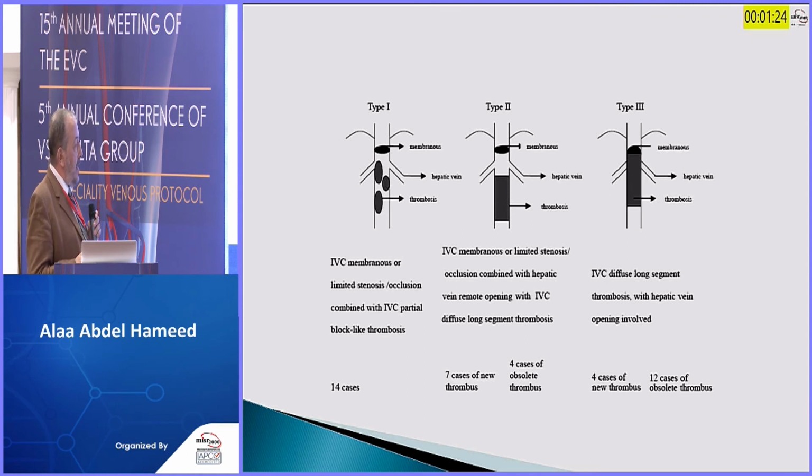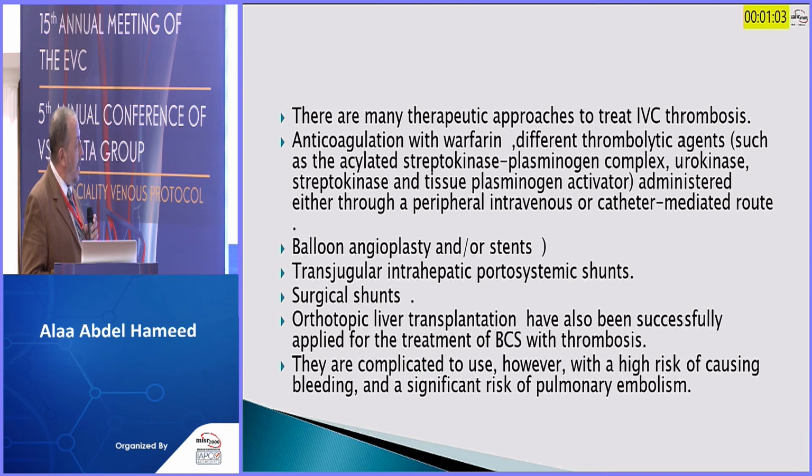This is the classification presented for the IVC and Budd-Chiari. The first is a partial obstruction of the IVC. The second is a total occlusion of a long segment of the IVC not involving the hepatic veins. And the third one is a total occlusion involving the hepatic veins.